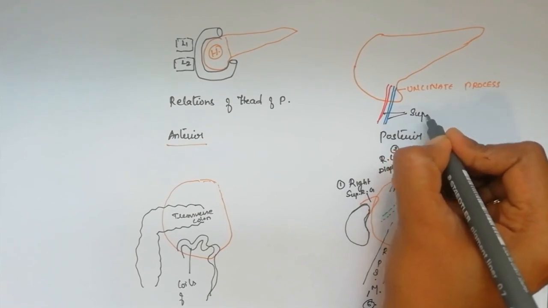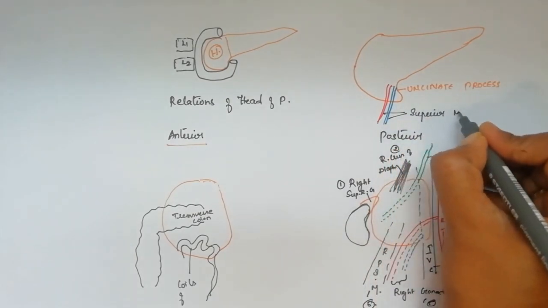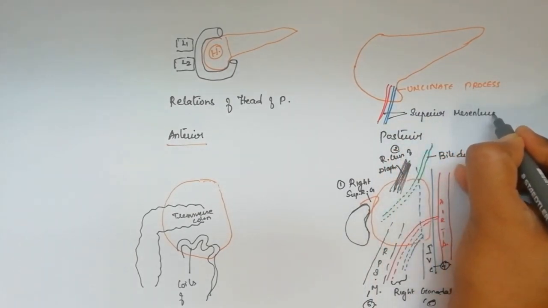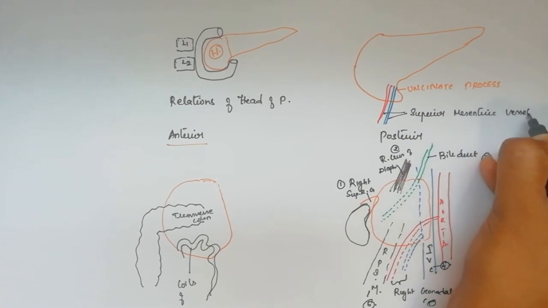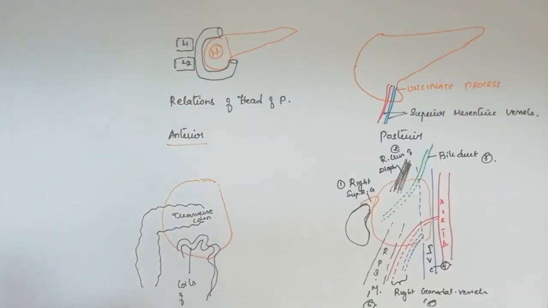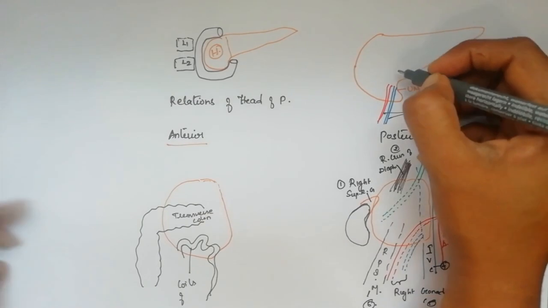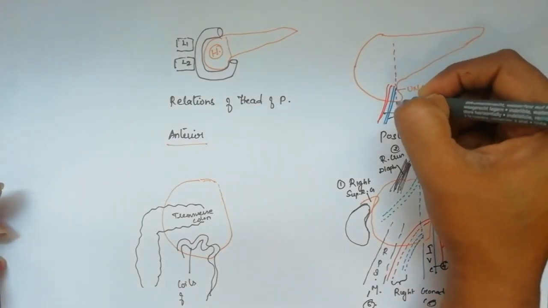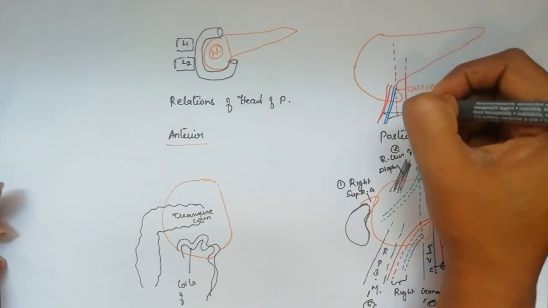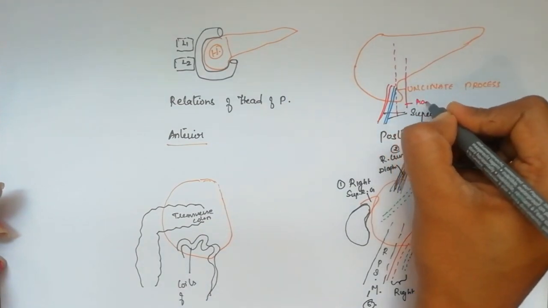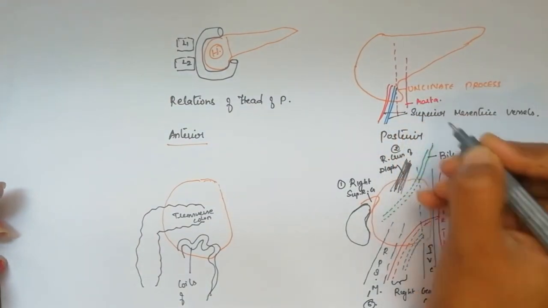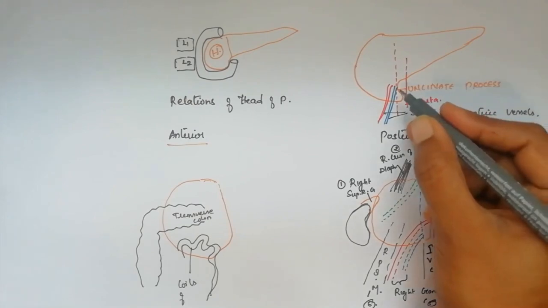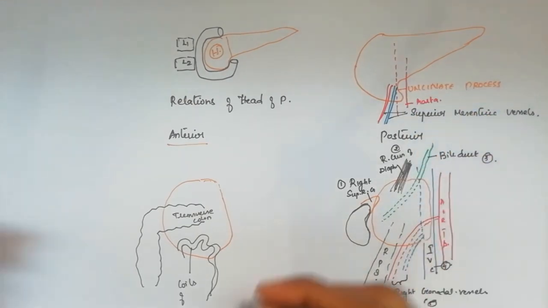superior mesenteric vessels, and behind the uncinate process we have our aorta placed. So this is the aorta. So the posterior relation is the aorta, and the anterior relation to the uncinate process is the superior mesenteric vessels.